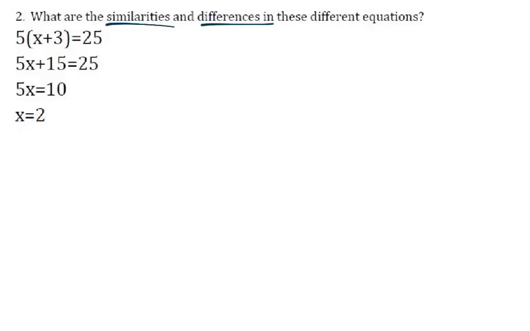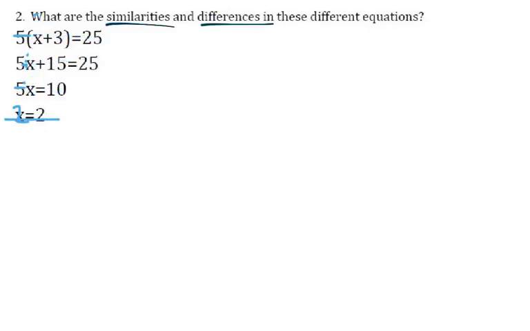They all have variables. And if we really wanted to talk about it, if I put 2 in for each of these variables, my equation would work out, right? 2 would equal 2. 5 times 2 would equal 10. 5 times 2, 10, plus 15 would equal 25. 2 plus 3, 5, times 5 would equal 25.